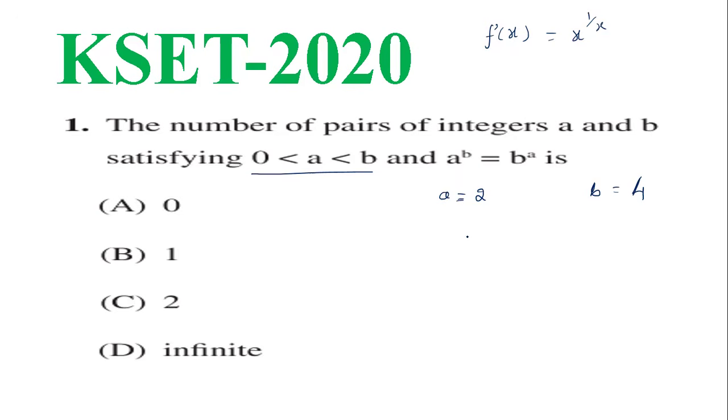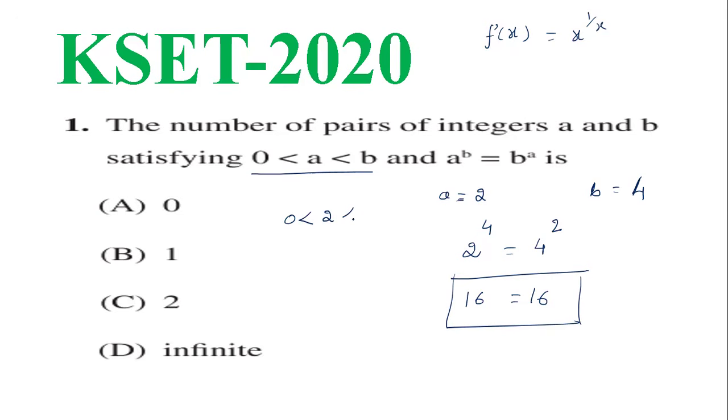A raised to b means 2 raised to 4 is equal to 4 raised to 2. 2 raised to 4 is 16, and 4 raised to 2 is 16. This is the only value that holds good. That means 0 less than 2 less than 4, this condition holds for these values. So option B is the right answer for this question.